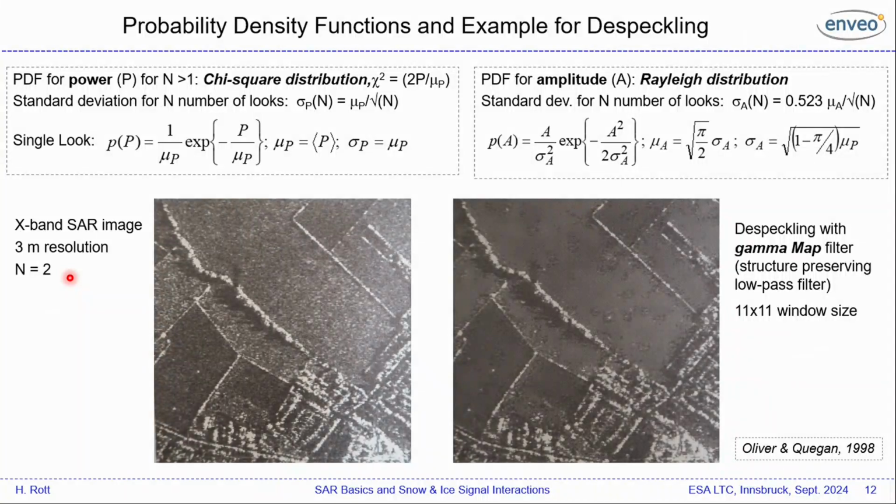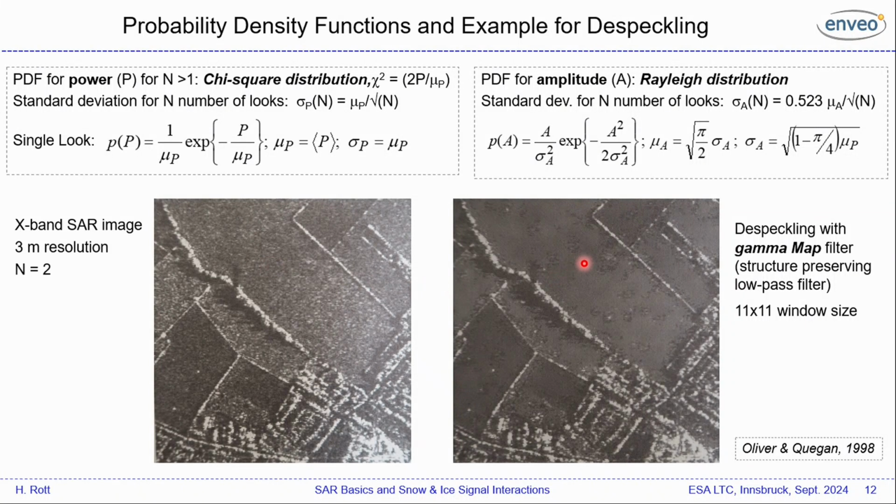That's a problem. And this is an example where we have here a SAR image with 3-meter resolution. It's from an airborne X-band SAR. It's somewhere in England. It's fields, and these are small trees and hedges, and then this is only 2 resolution elements.